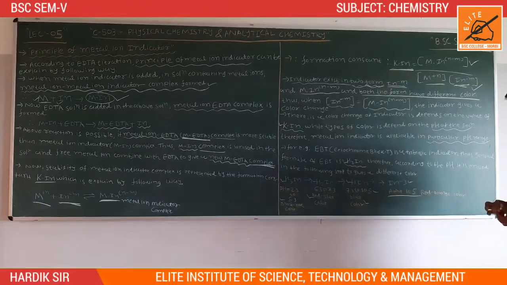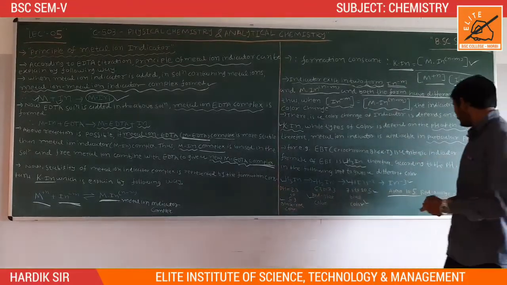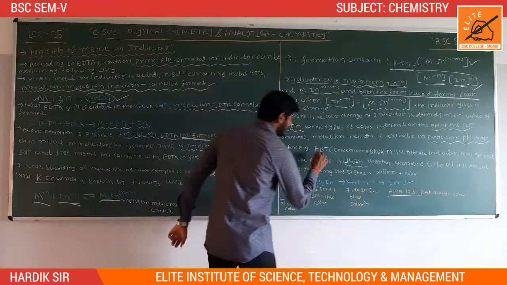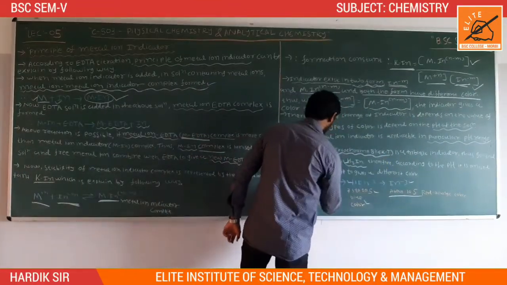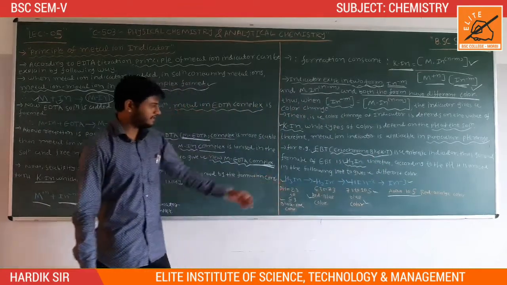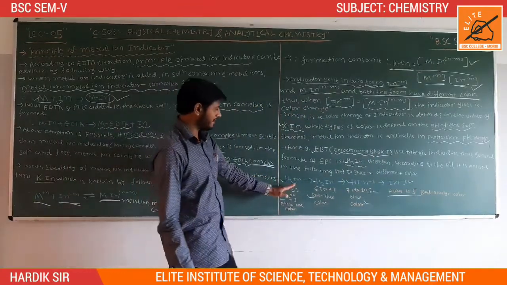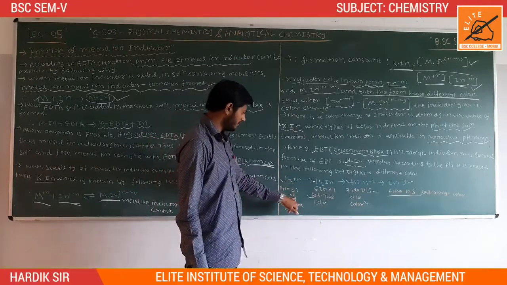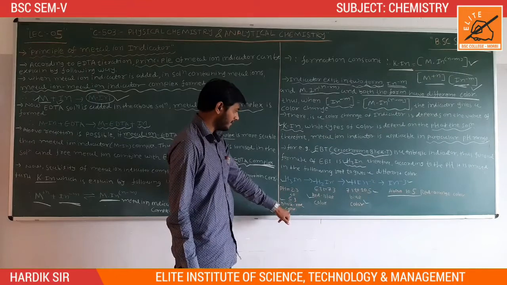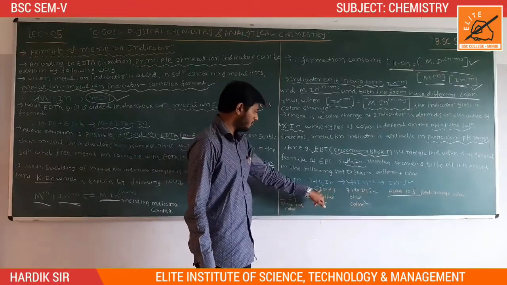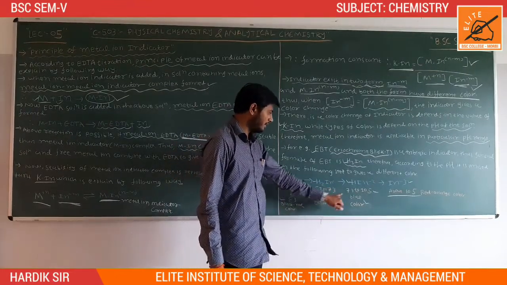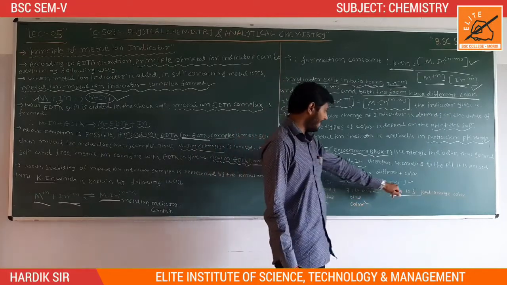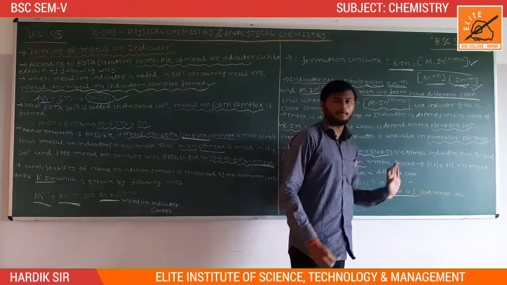So this is the tri-basic indicator EBT, Eriochrome Black T. This is the step of ionization reaction of EBT: H3In at 2.3 to 5.3 pH range, black red color; H2In minus form 5.3 to 7.3, red blue color; HIn 2 minus 7.3 to 10.5, blue color; and In 3 minus above 10.5, red orange color.